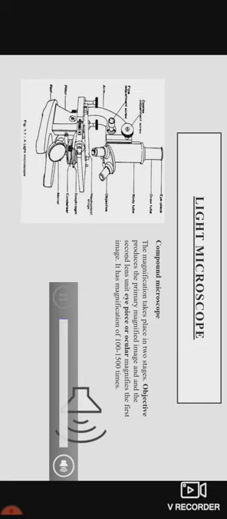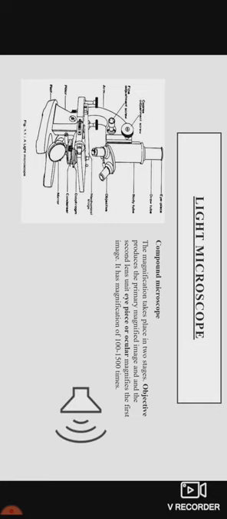Dear students, this slide is showing you the diagram of a compound microscope. It is one in which the magnification takes place in two stages. It consists of two lens units.